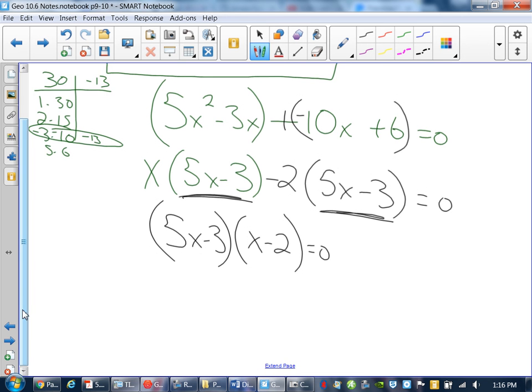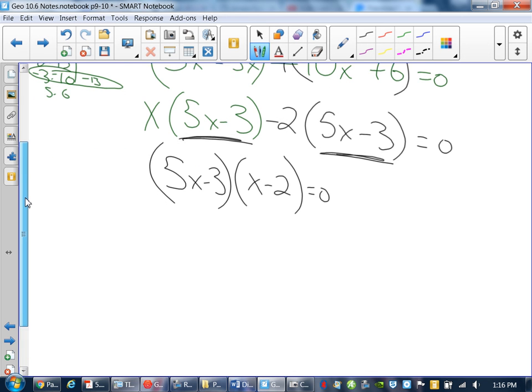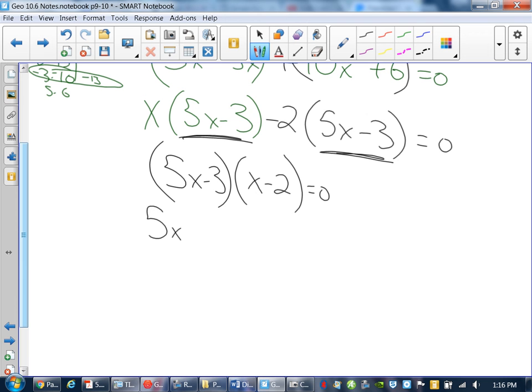So now you have two terms. You have two terms then that you can set equal to 0. One of which you would just have to add 3 and then divide by 5.